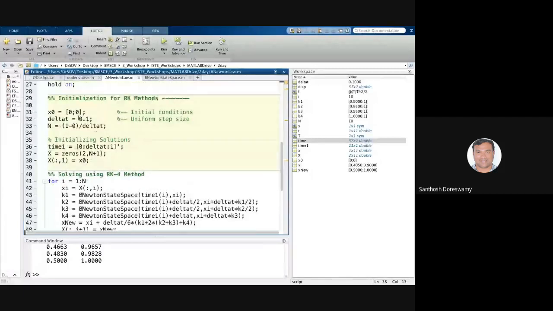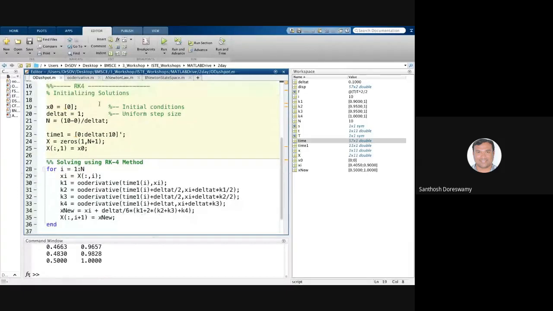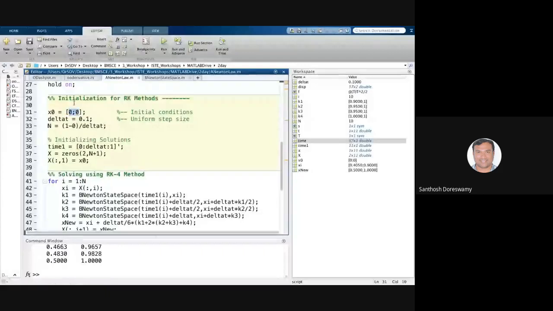Now x0 is a 2 row and 1 column vector, the initial guess that we had. In the previous problem x0 was only a 1 cross 1 value, a scalar, not a vector. So here you have to take x0 as a column vector. This gives the initial condition for displacement and this gives the initial condition for velocity.